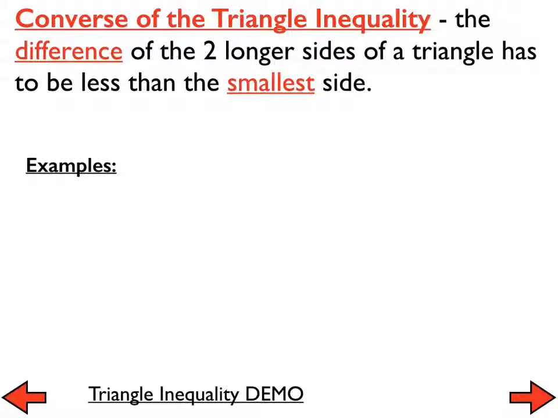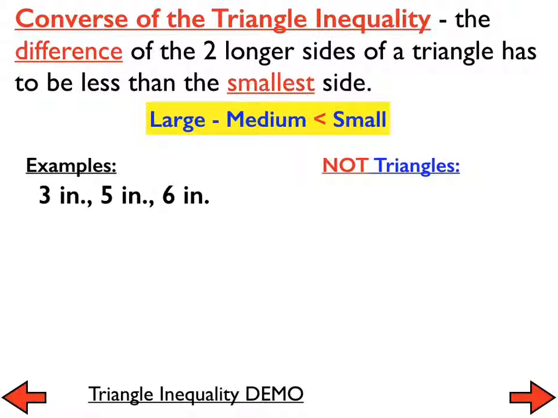What you just discovered was the converse of the triangle inequality. And converse basically means like the flip or the other side of it. So the difference of the 2 longer sides of the triangle has to be less than the smallest side. For example, if I gave you a triangle that was 3 inches, 5 inches, and 6 inches as their side lengths, the 2 long sides would be 6 and 5. 6 minus 5 is 1.